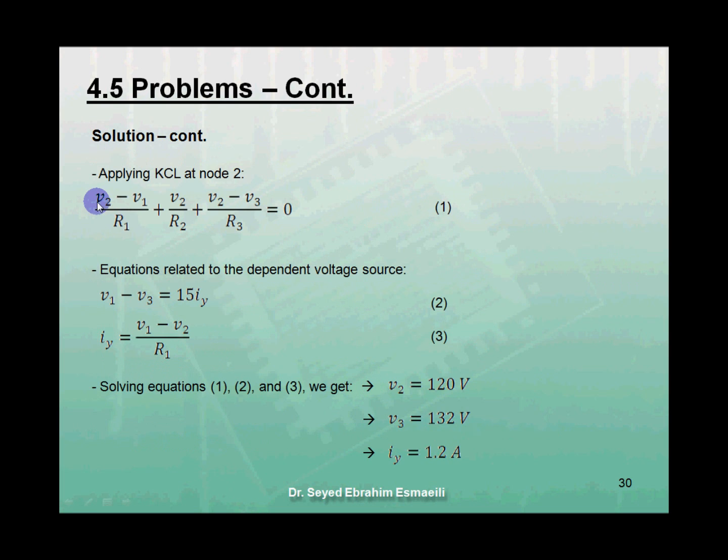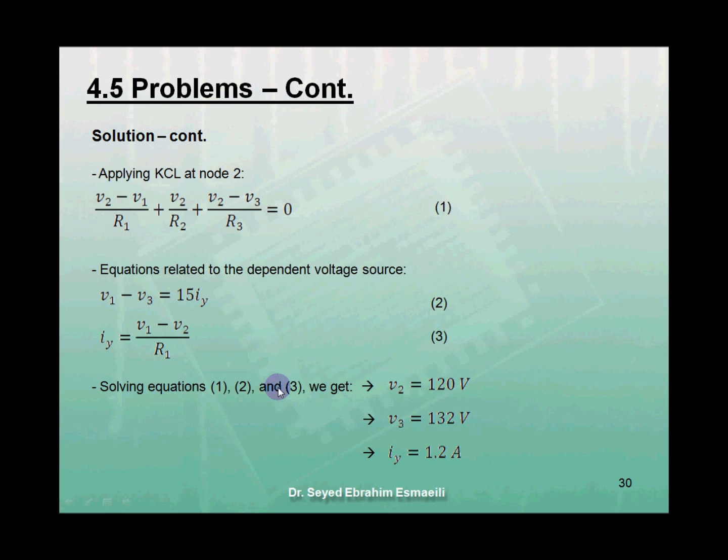Applying KCL at node 2, we get (V2 minus V1) over R1 plus V2 over R2 plus (V2 minus V3) over R3 equals 0. And we have two equations related to the dependent voltage source: V1 minus V3 equals 15 Iy, and Iy equals (V1 minus V2) over R1.